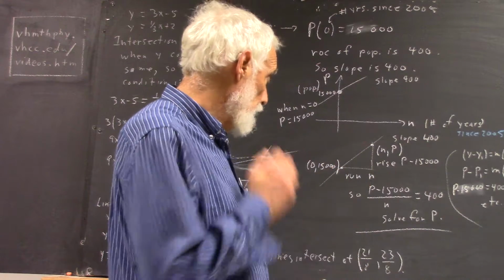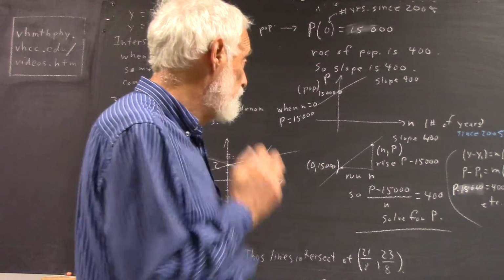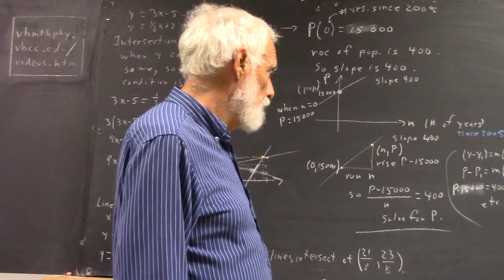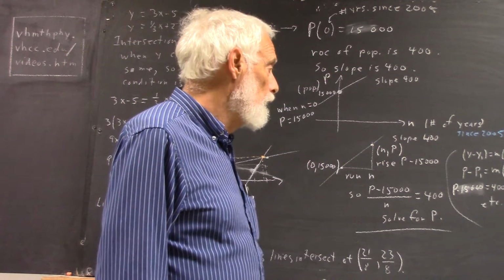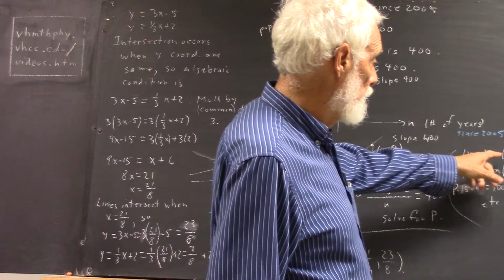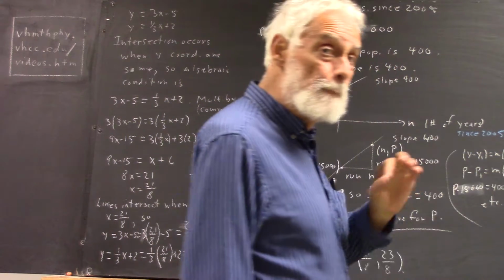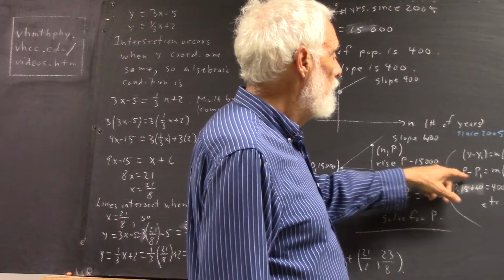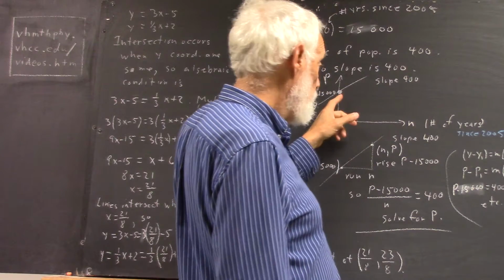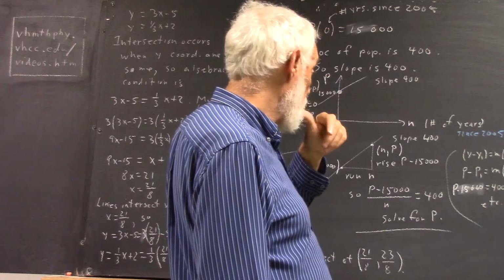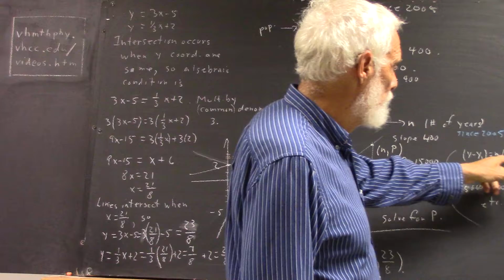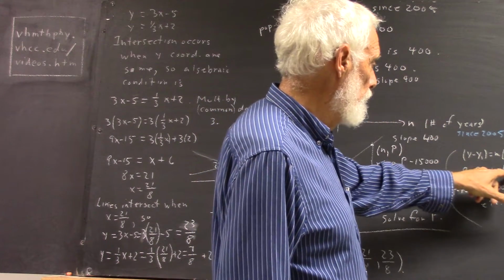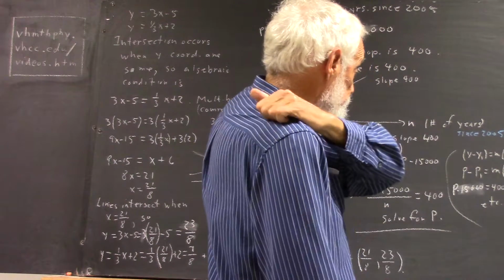So we can abstract that down here. And we can do this from the picture, or we can do it from a formula. The formula is y minus y1 equals m times x minus x1, but in this case, instead of y, we're using p. So it'll be p minus p1, where p1 is the p coordinate of this point that we know. And then that's m times x minus x1, but we're not using x, we're using n, so we're going to call that m times n minus n1.